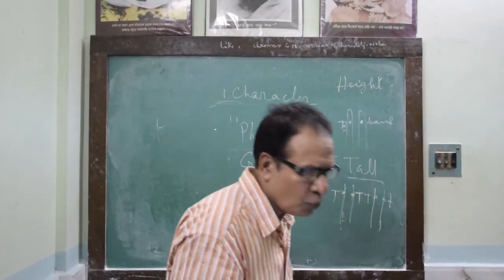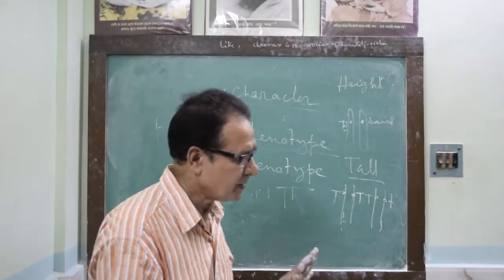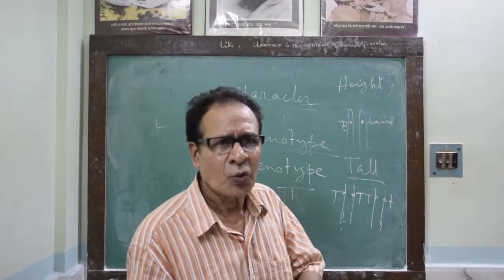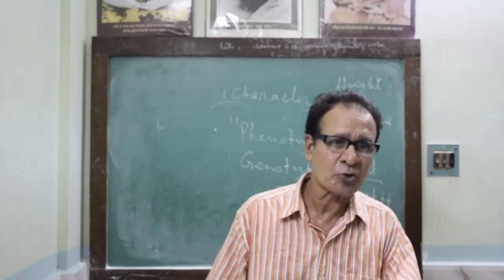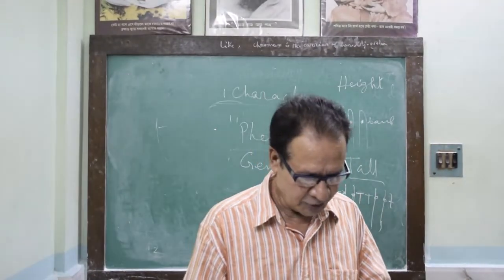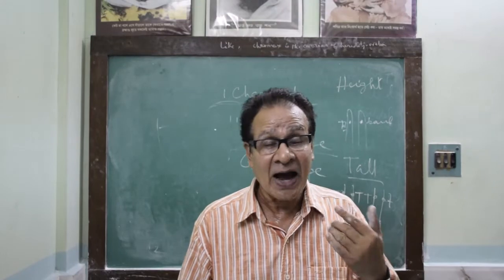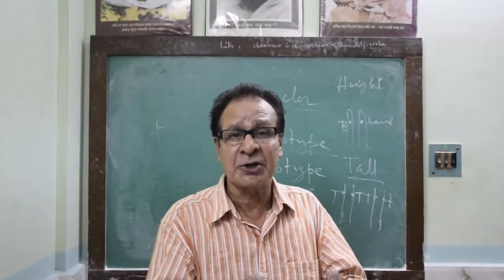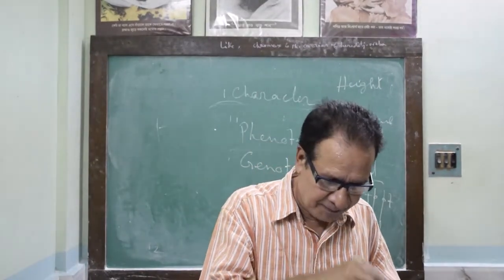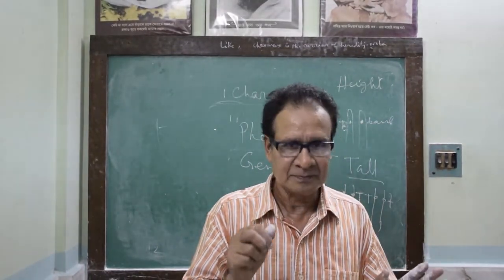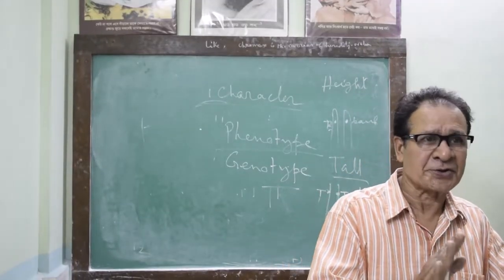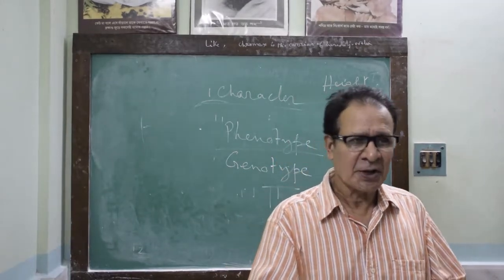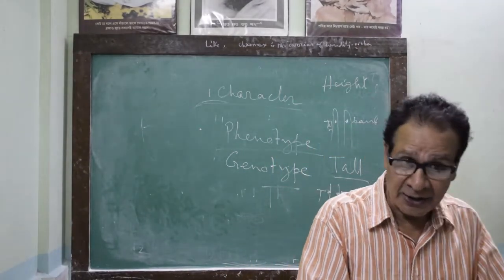Then dominant and recessive. The trait which is expressed in both homozygous and heterozygous condition is known as dominant, and that trait which is not expressed in heterozygous condition and remains suppressed is called recessive.